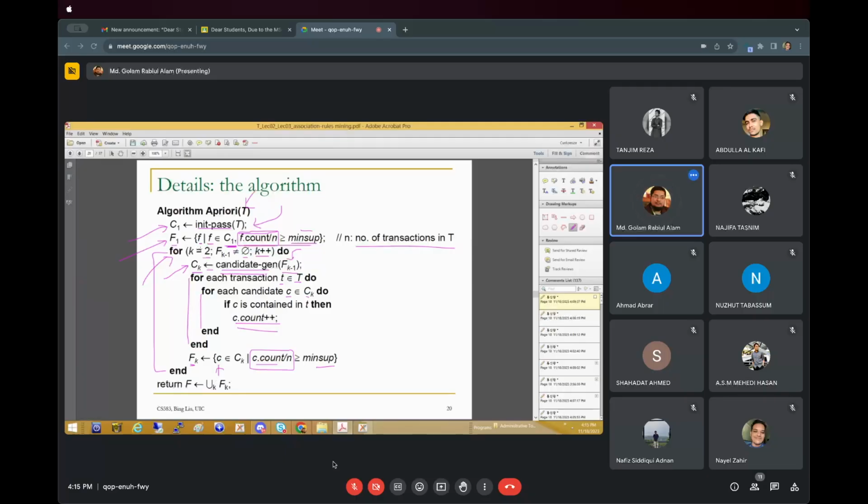In this way, we increase the value of k. Maybe we want to find the 3 item sets and then 4 item sets, like this, until F k minus 1 equals null.